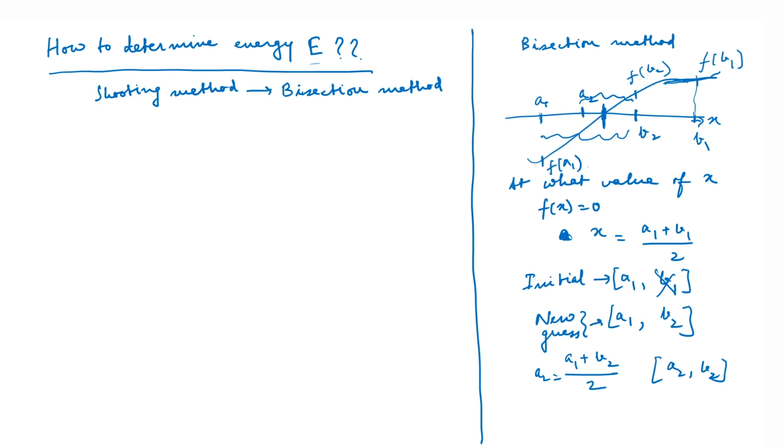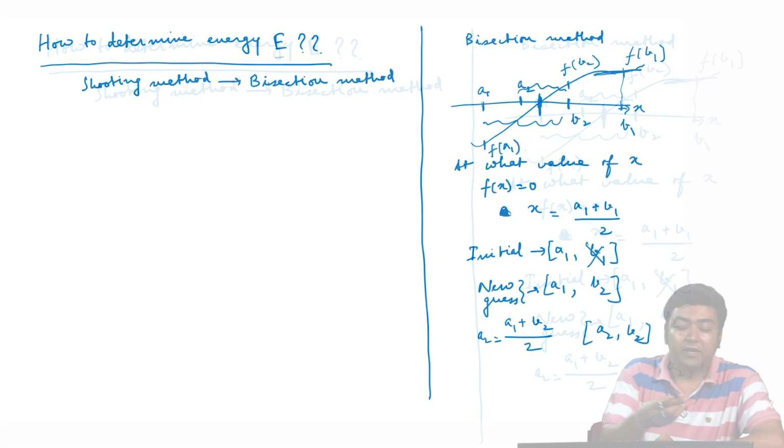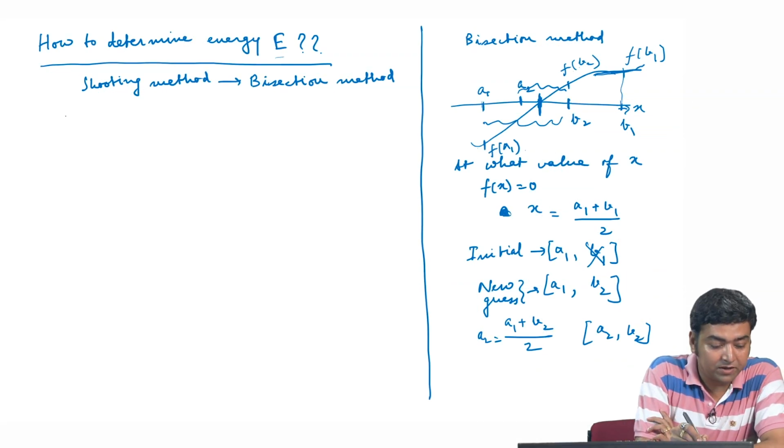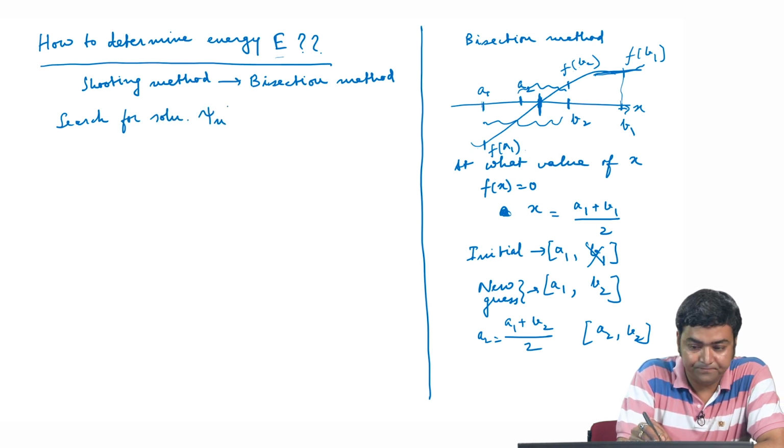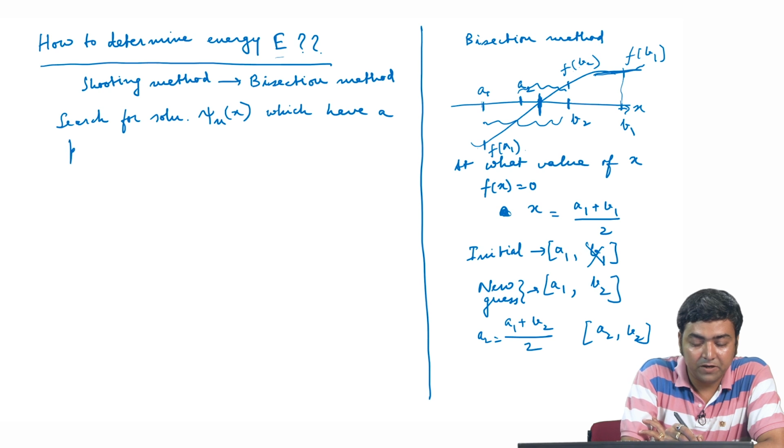We are going to use this same idea to determine the value of the energy E. So, the aim is to search for solutions of psi n which have a predetermined number of nodes.